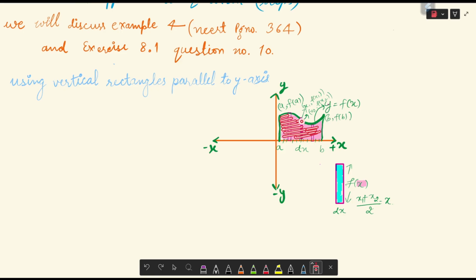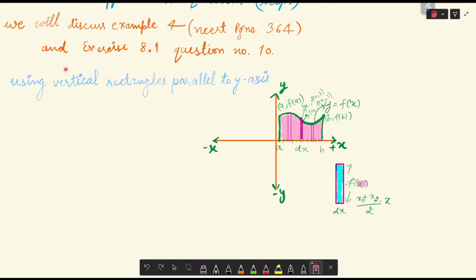You have to find the area of this shaded region. So how do we find it? Since the function is given and drawn here, we will directly go into how to integrate. There are two methods.